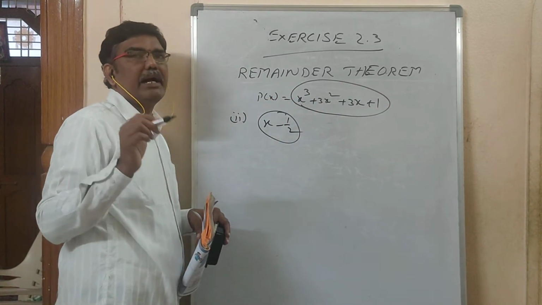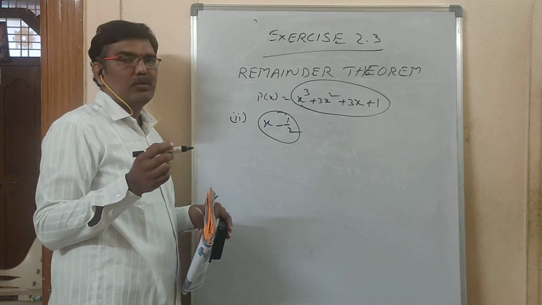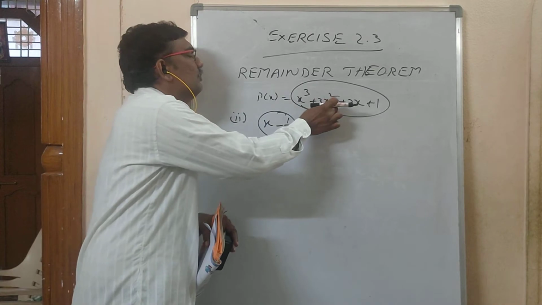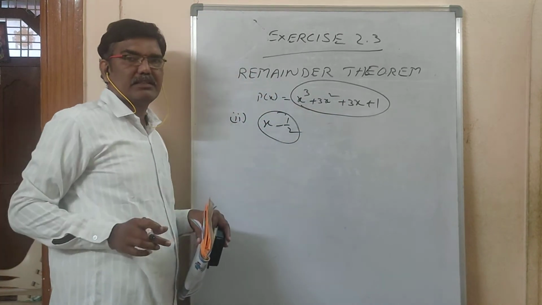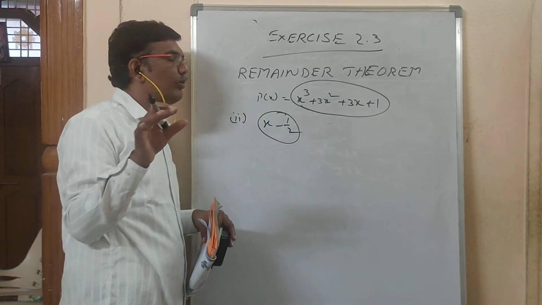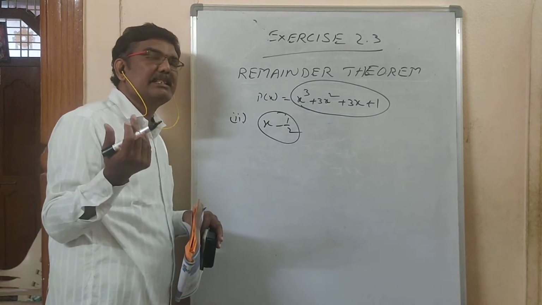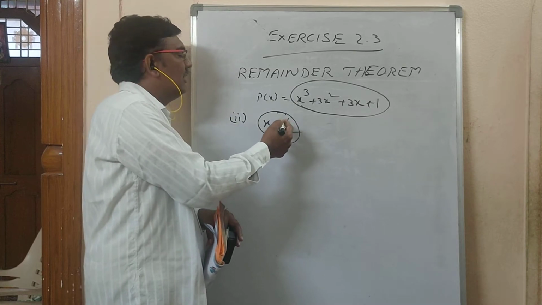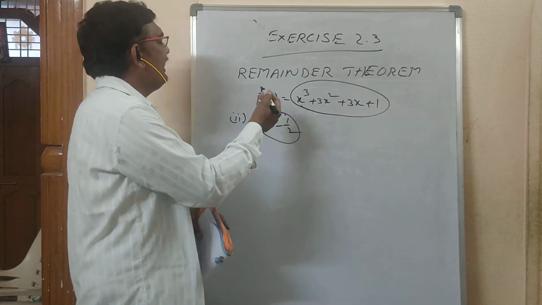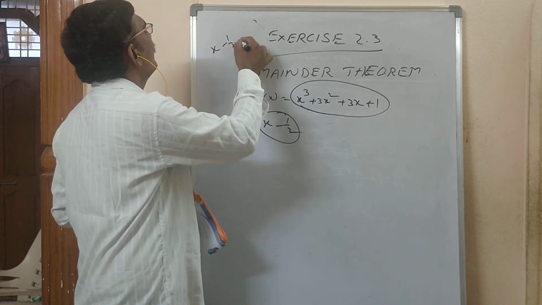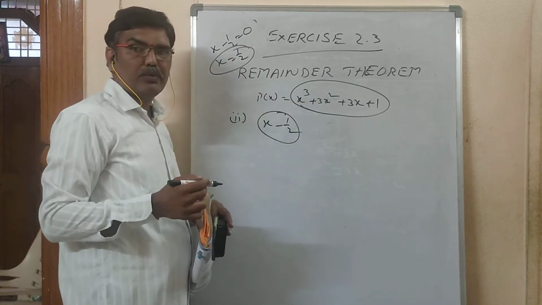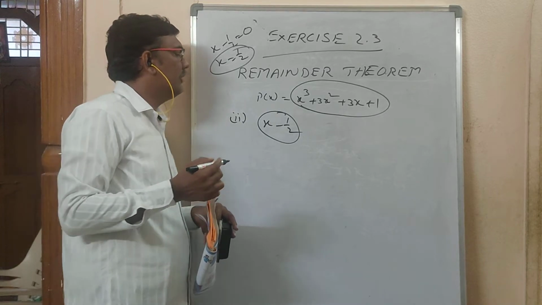What do you have to do? You should find the remainder. To find the remainder, first step, assume the dividend polynomial as P of x. Second step, whatever linear polynomial we have, equate it with 0. Then x is equal to how much? 1 by 2.